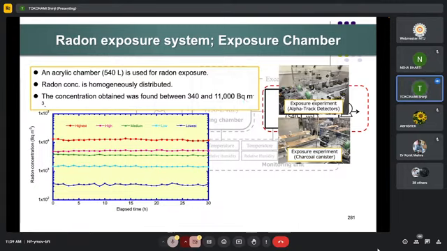Here is a photo of the exposure chamber. Acrylic chambers of 540 liters are used for radon exposure. We confirmed the homogeneity of radon concentration in the exposure chamber.